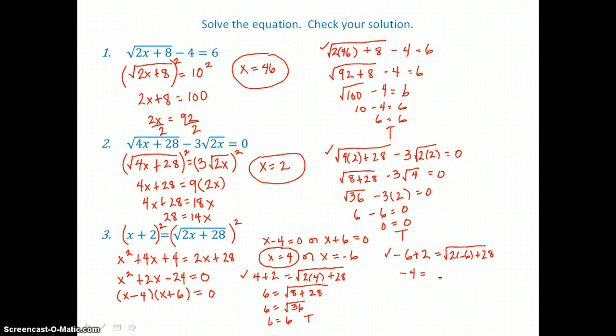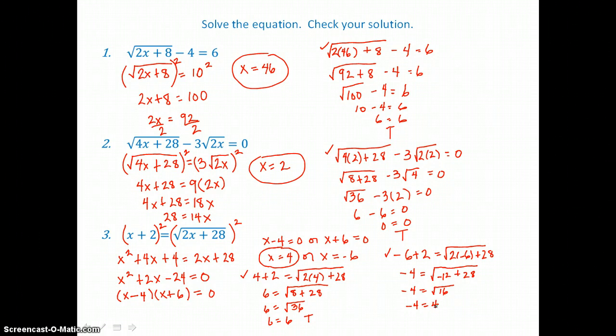Now I know right now that the square root of this number is not going to be negative. But I'll simplify just to see what we get. 2 times negative 6 is negative 12. And negative 12 plus 28 is equal to 16. And the square root of 16 is positive 4.